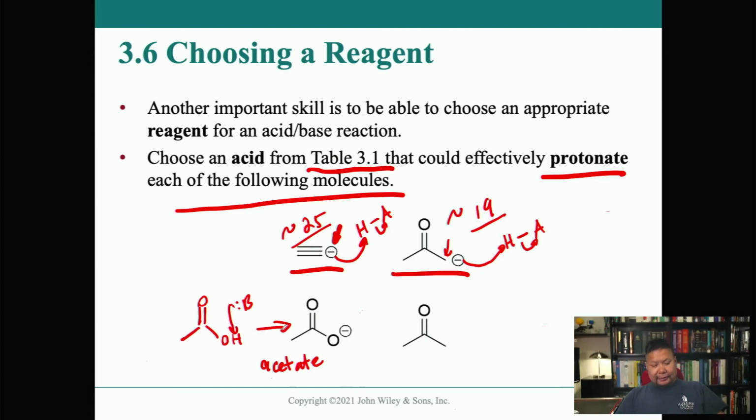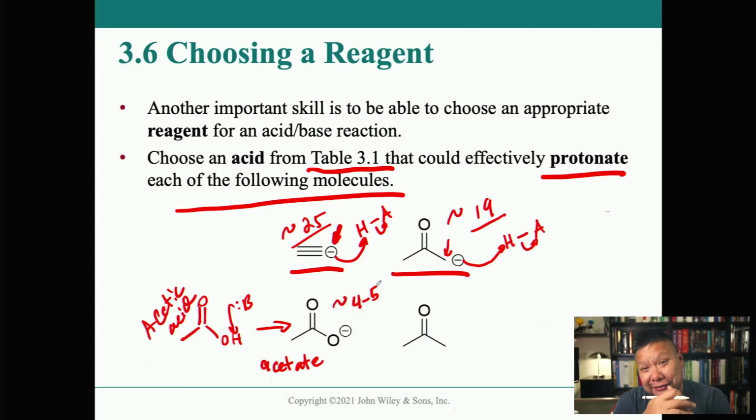So that's acetic acid over here, and it leaves you with this acetate ion. The pKa of acetic acid is approximately 4 to 5, I would say.